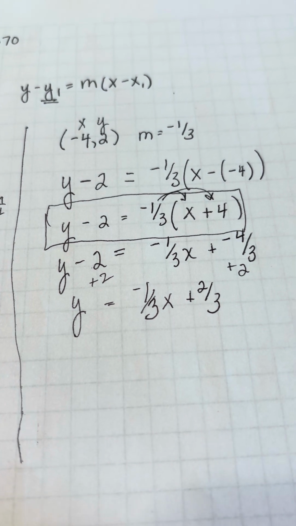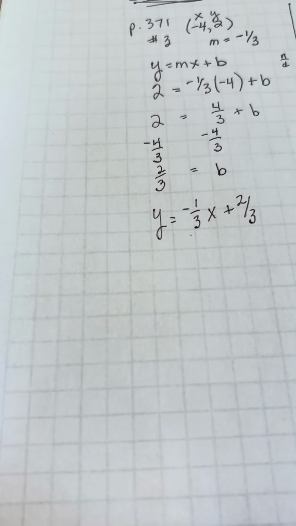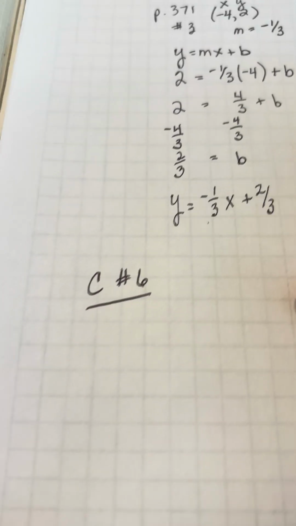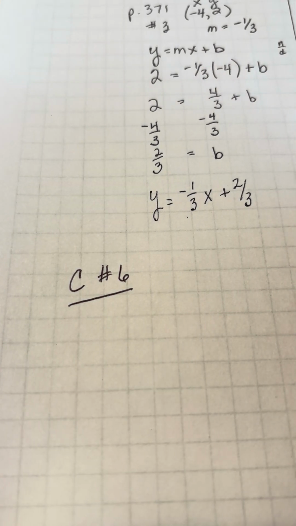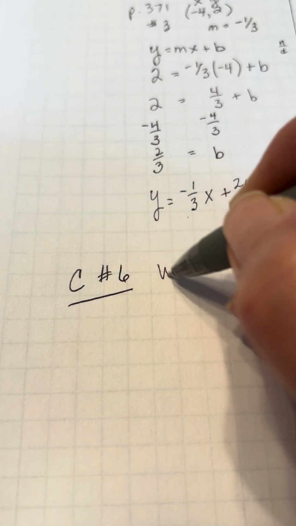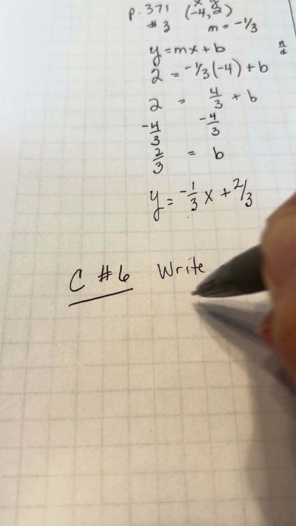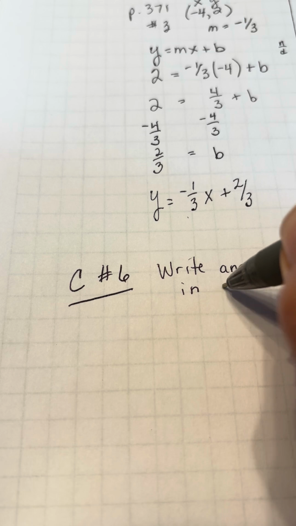Okay, let's look at section C, number 6. So this one is tough stuff because there is a lot going on here. So they say, write your answer in slope-intercept form.